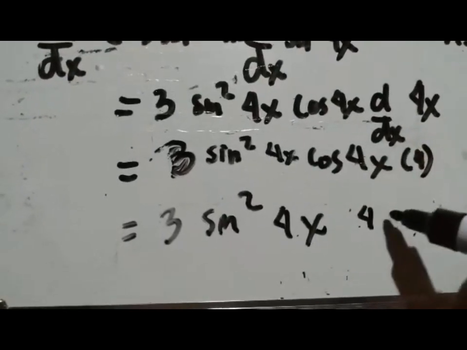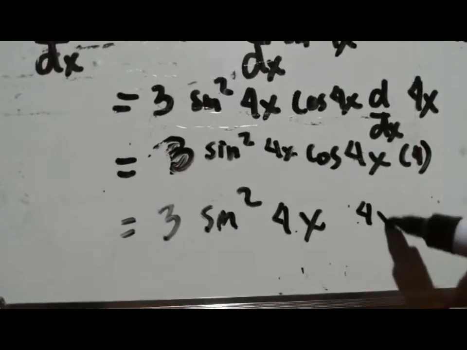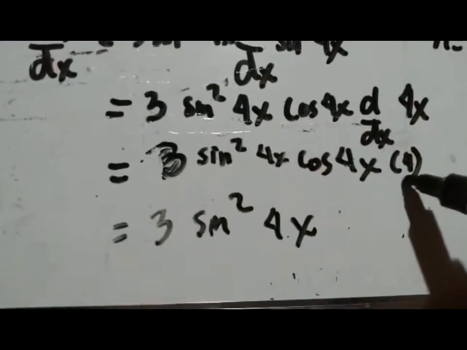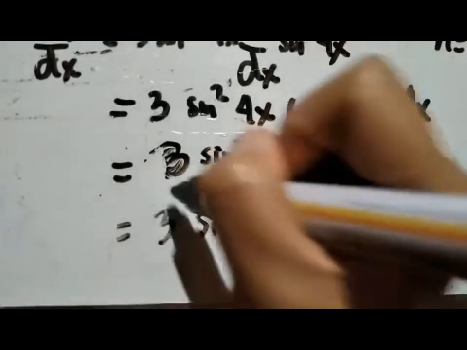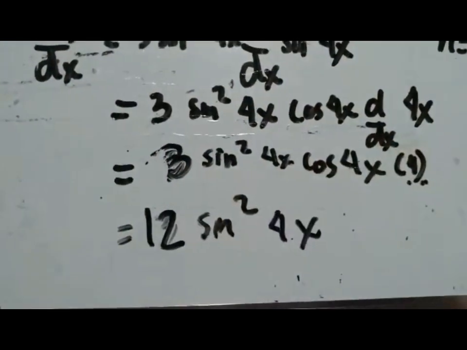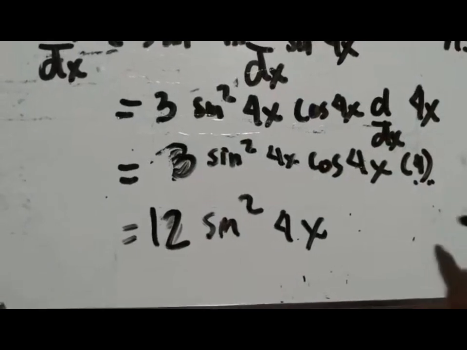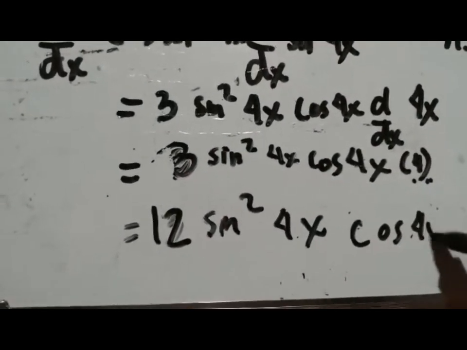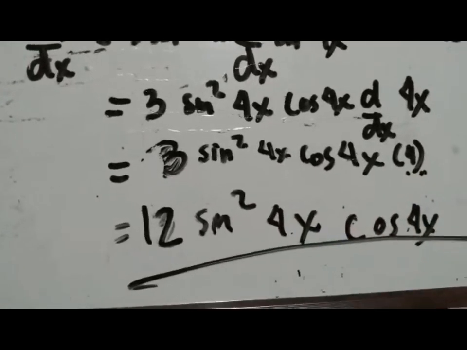So if we multiply this 4 to 3, we have 12. And then sine squared 4x, and copy the cosine 4x. So this will be the final answer.